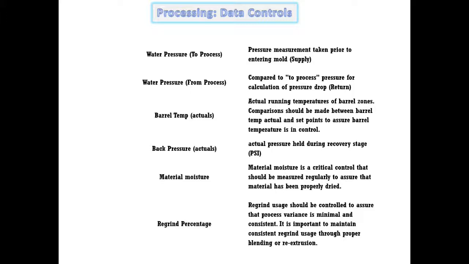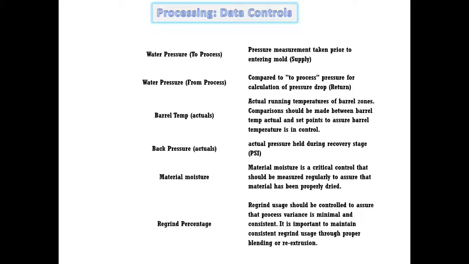Something else you're going to look at is your barrel temp actuals, and you make that comparison to your set points. One situation that might arise where it's a problem is if your metering zone temperatures are running 20 degrees higher than your set point.